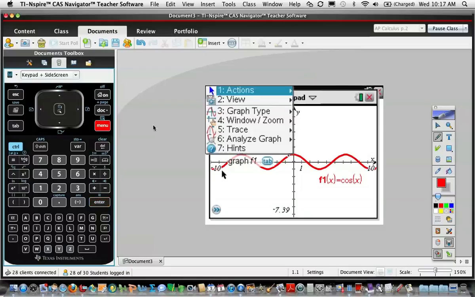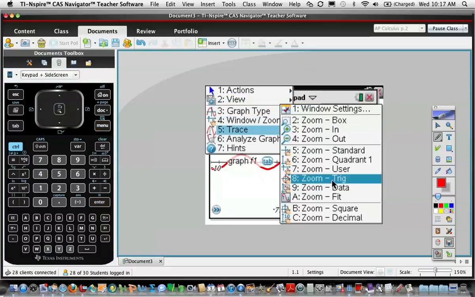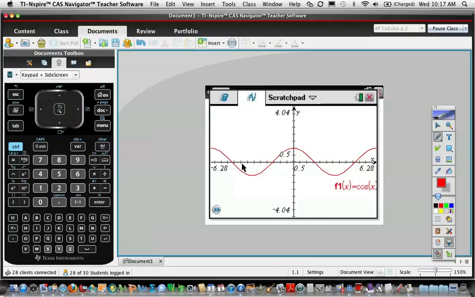So if I go into the menu, into my window, some of these zooms you should get familiar with. Zoom trig is a pretty good one when you're dealing with a basic sine or cosine. What it does is it makes the markings, well, it looks like they go by 0.5. You get 6.28, which is 2 pi over there. But what I want to do, they want to find a window centered at 0, 1 so that this graph looks straight.